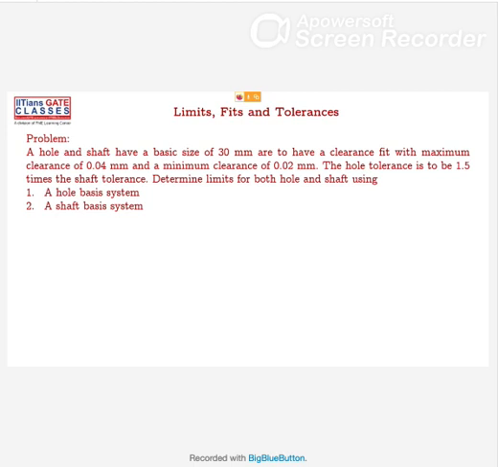You're right. So for the hole basis system, hole is 30 to 30.012. What about shaft?